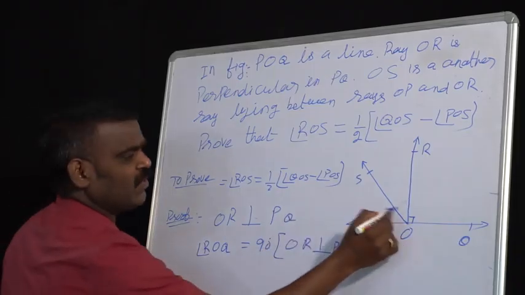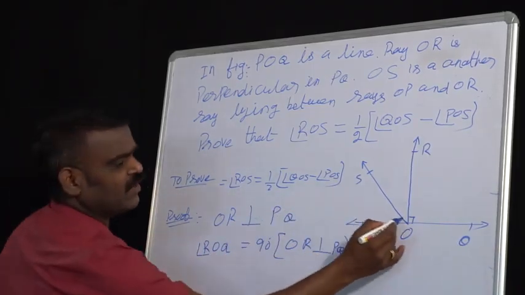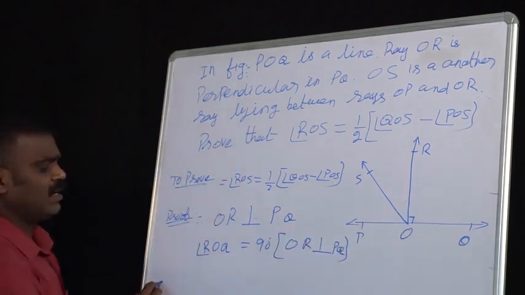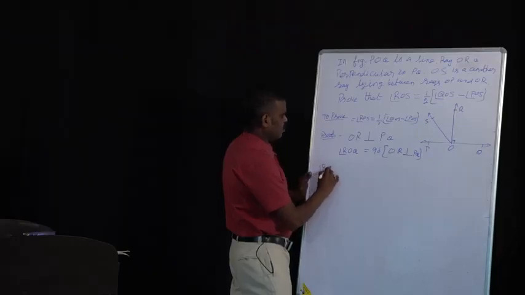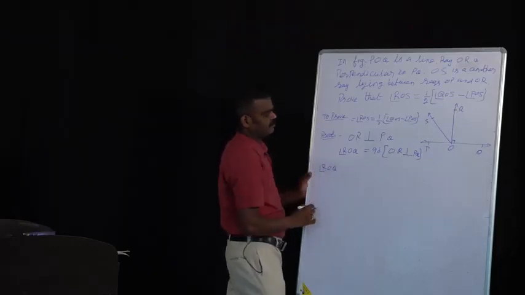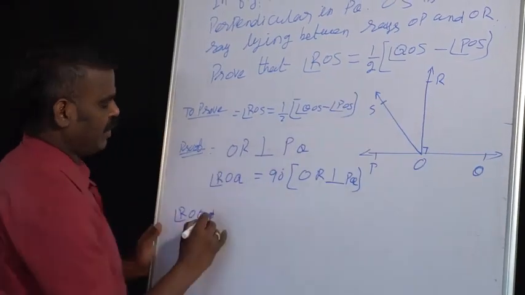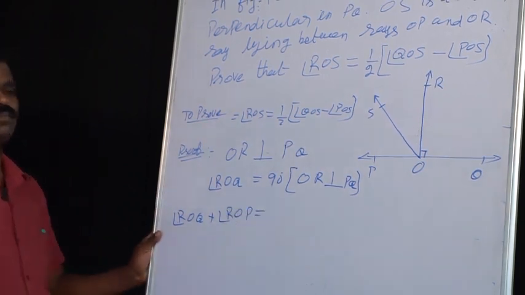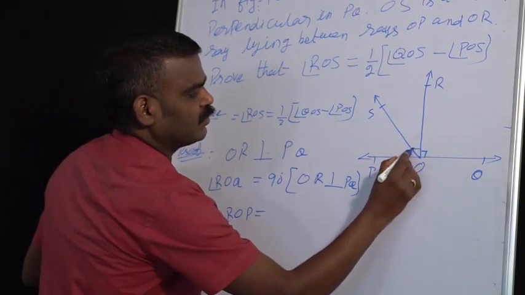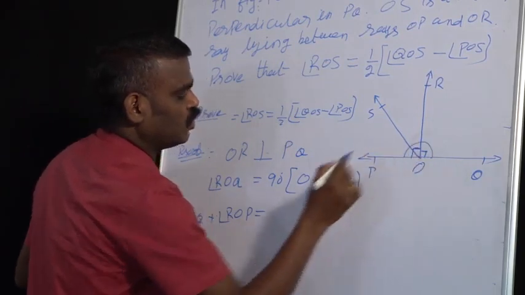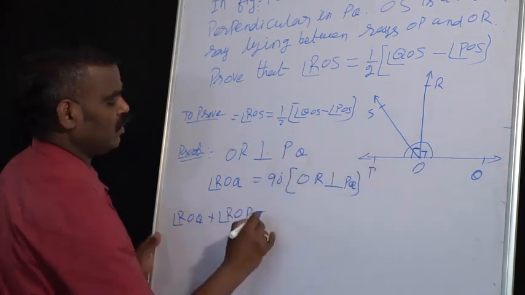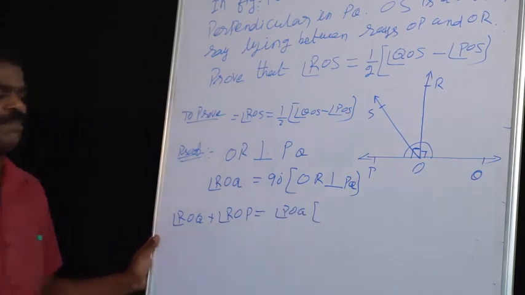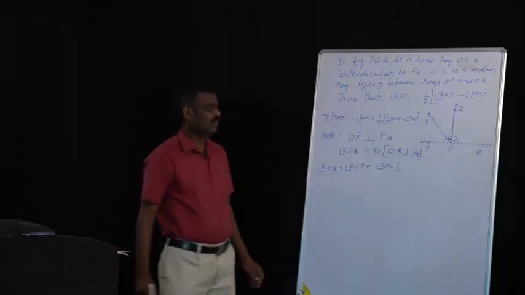If one side is 90 degrees, what about this other side, this angle? Angle ROQ plus angle ROP, these two angles together become angle POQ. Angle POQ is what angle?